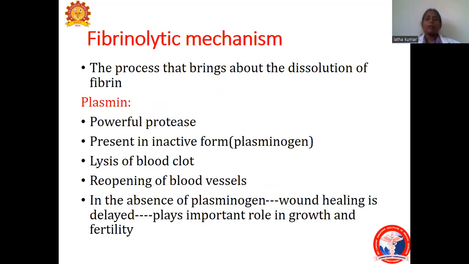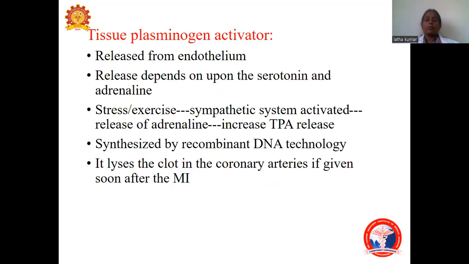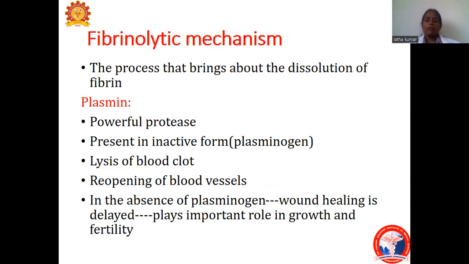So next one, the third one, fibrinolytic mechanism. In this, the main substances involved are plasmin and tissue plasminogen activator. Plasmin, we all know that. It acts on the fibrin, breaks down the fibrin and converts that into fibrin degradation product.